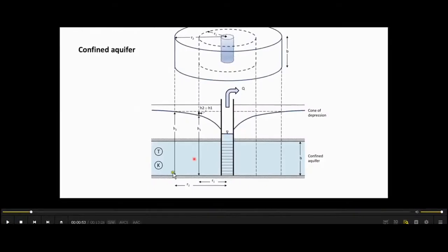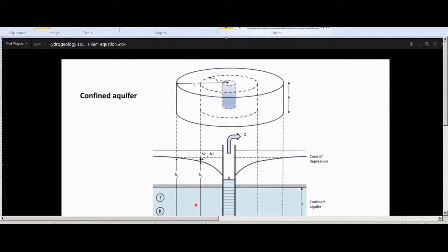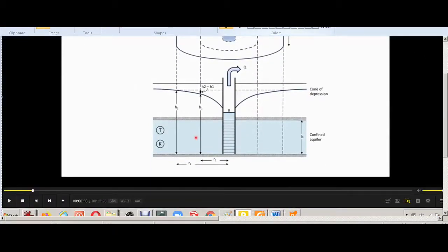In this case you can see this person has measured that height. These are the doubts that you people are having when considering this equation. If you consider this bottom surface, this is the top line of the bottom surface and this is the lower line of the bottom surface.